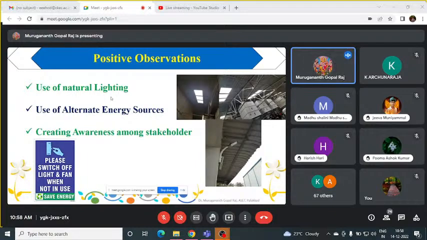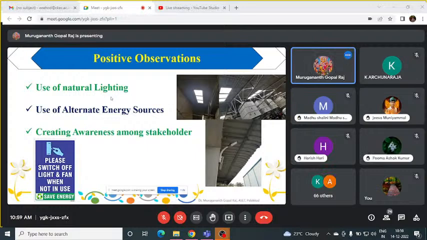Whereas coming to the second one, alternate energy sources, the cost of a solar lamp may be 1,500, 2,000 depending on the capacity. You have to spend from your pocket, so it may have a medium priority. And the third point is creating awareness. There is nothing wrong in saying to people, and it doesn't involve any cost.